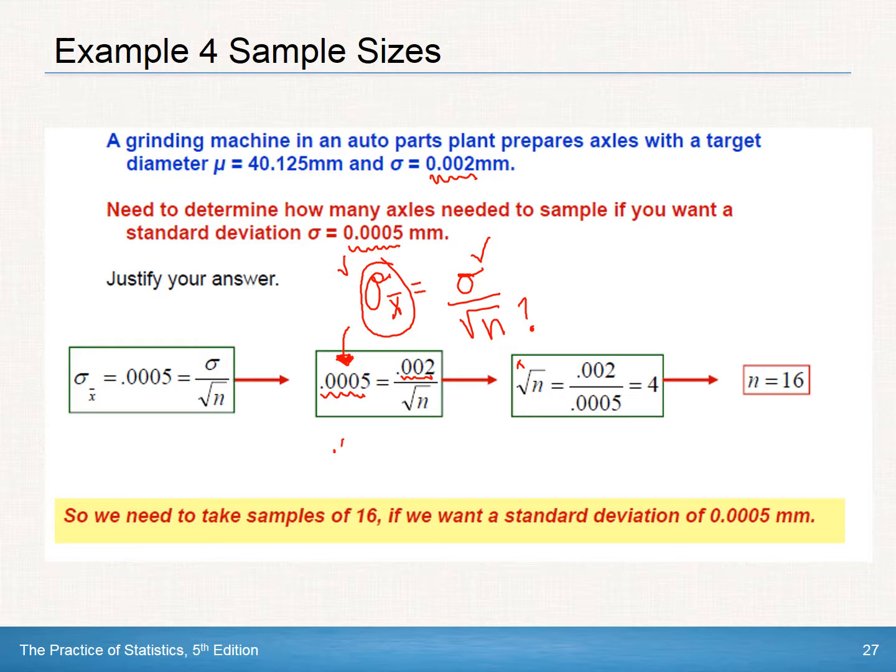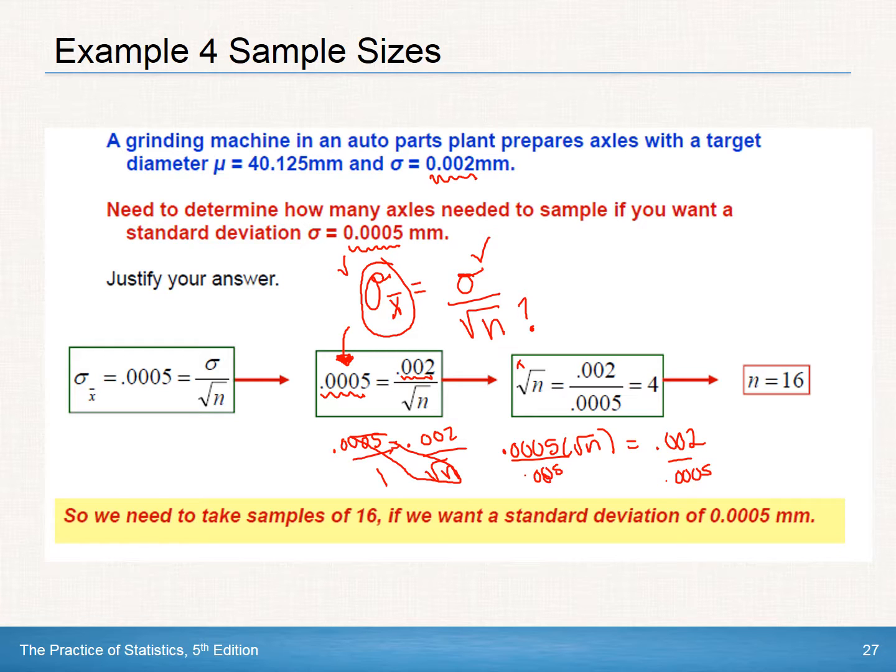So let's just rearrange this mathematically. How did the n get on this side? Well, 0.005 equals 0.002 divided by the square root of n. Okay, so what you could do, honestly, is just cross multiply since you have a proportion. When you cross multiply, you end up with 0.005 times the square root of n equals 0.002.